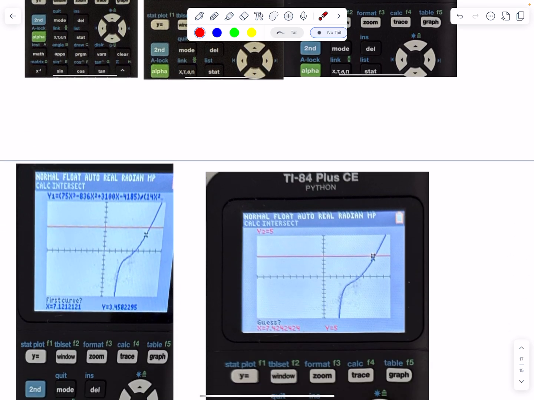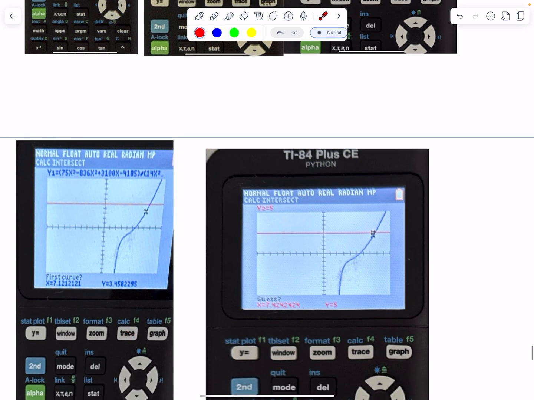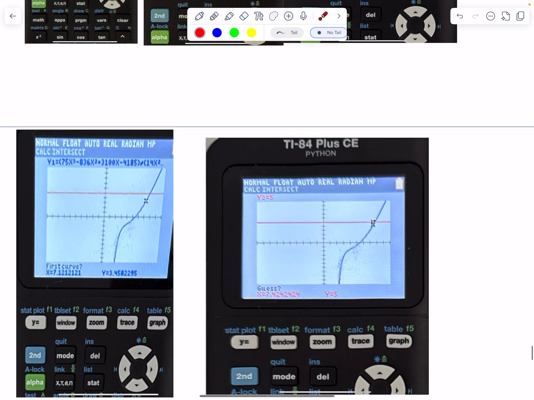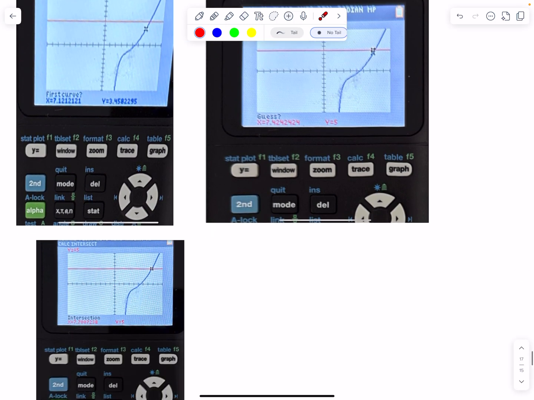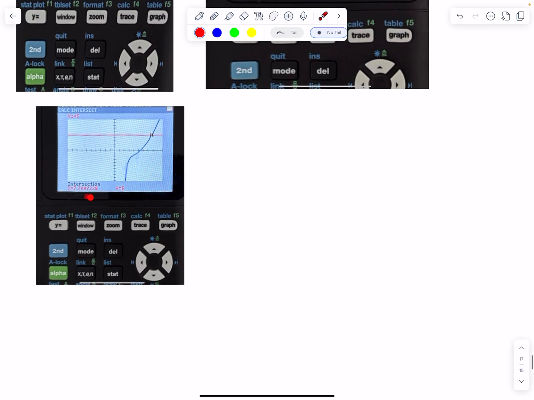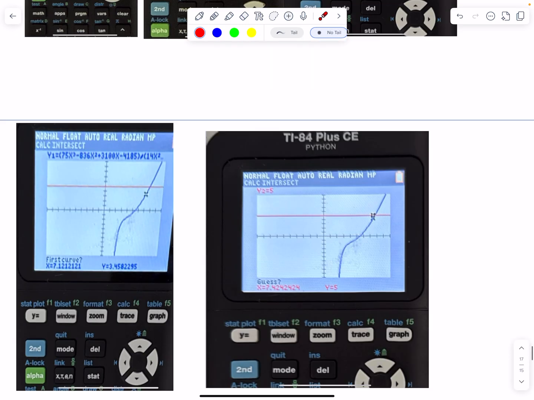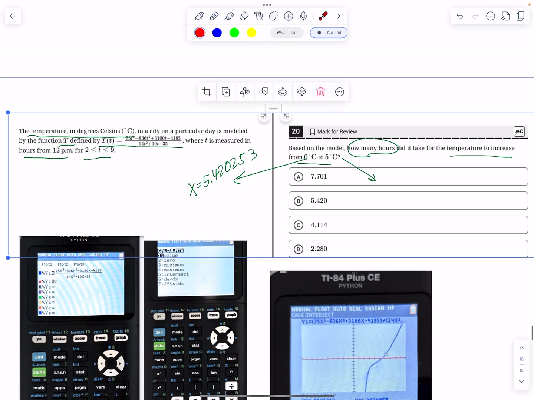You press second trace for calculate, and then you press 5 for intersect, and then again, blue writing, blue curve, first curve, you move the cursor on the curve, press enter, then it'll say second curve, then red writing for the red curve, enter, then it'll say guess, enter. I kind of put it near the point of intersection, enter, and then finally it'll give you the intersection. And so I'm going to write that number down.